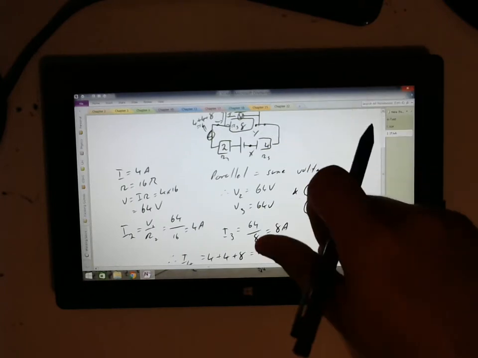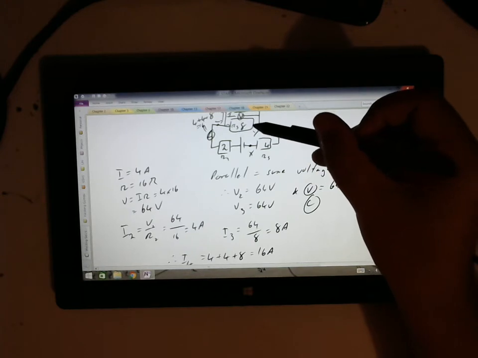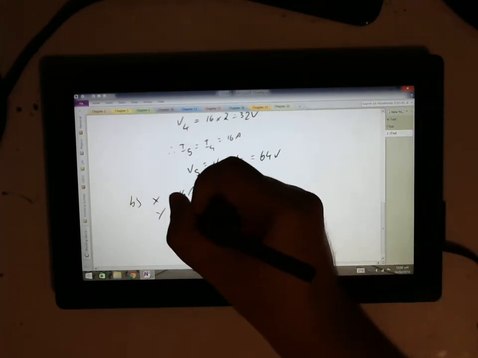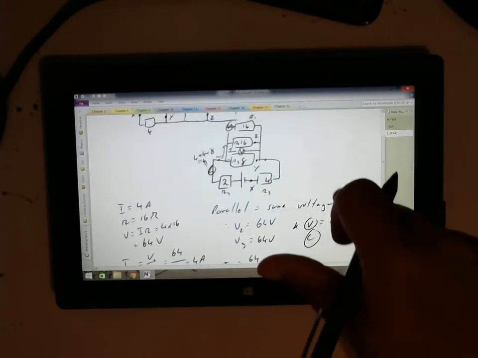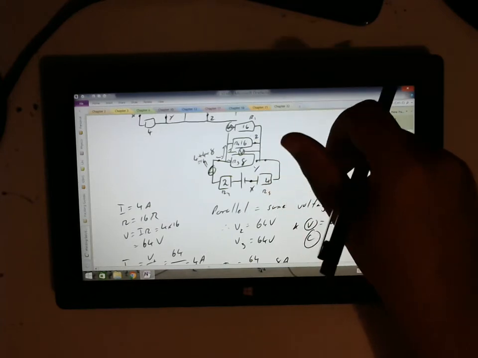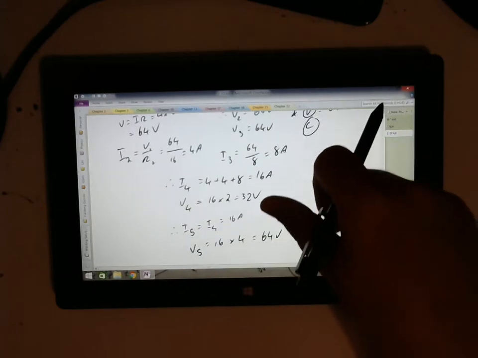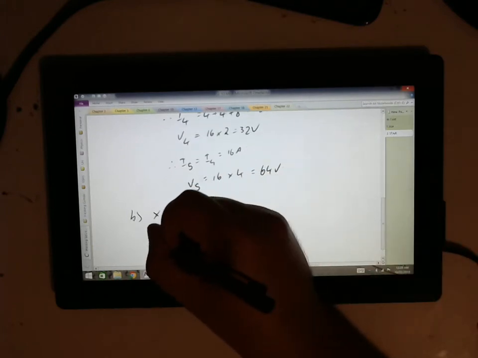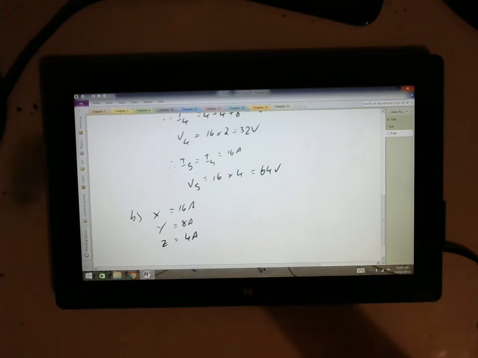So if there was for current 3, 8 amps going through it, then there must be 8 amps coming right out underneath it. So that tells us that Y must equal 8 amps. If we go back up to Z, we see that Z was just right after R2. We worked out the current of 2, which was there, so that's 4 amps. So therefore, Z equals 4 amps. And there are 3 correct answers.